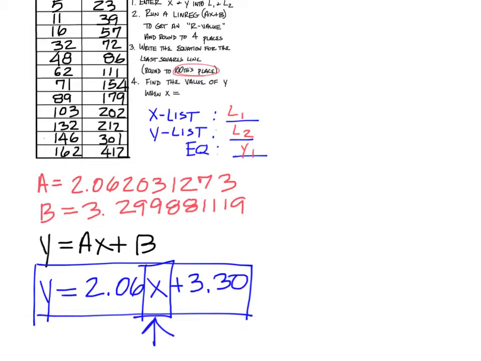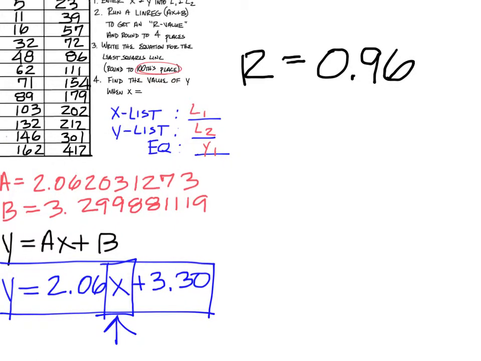The r value came out to be 0.96. You're rounding that one to 4 places, so we have to keep on going. It's going to be 0.9611.